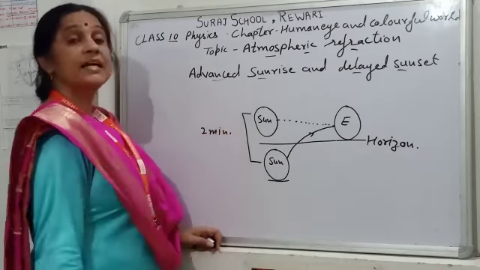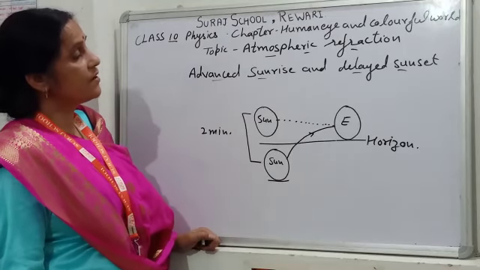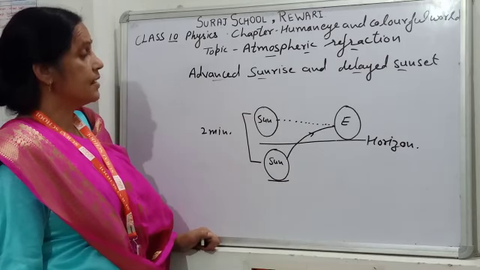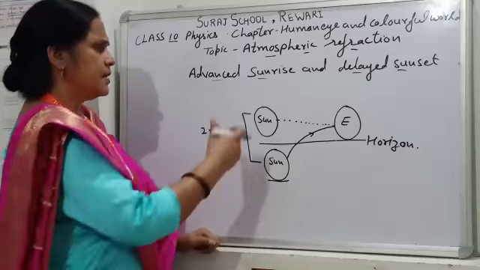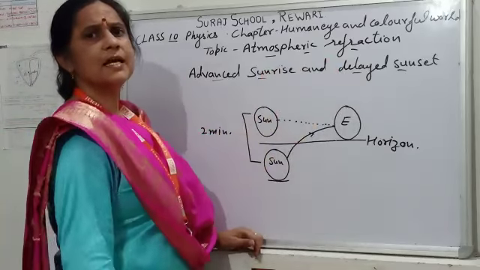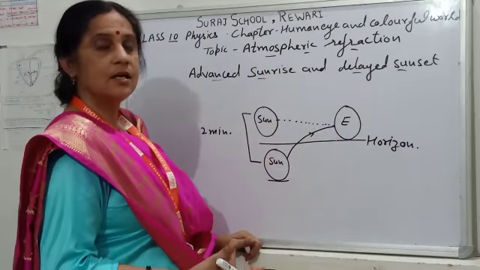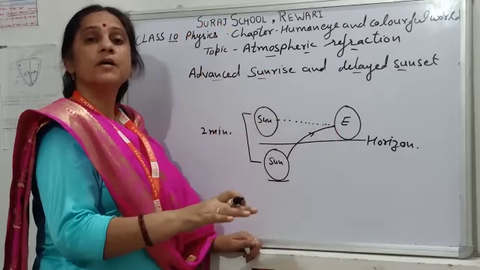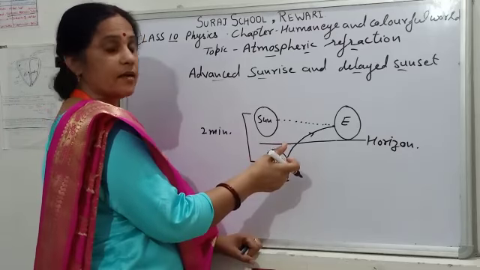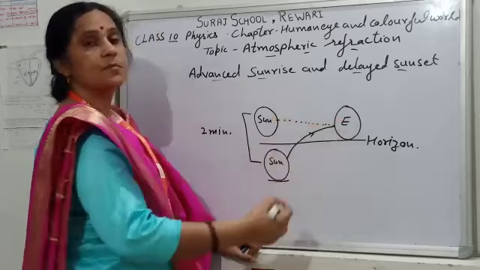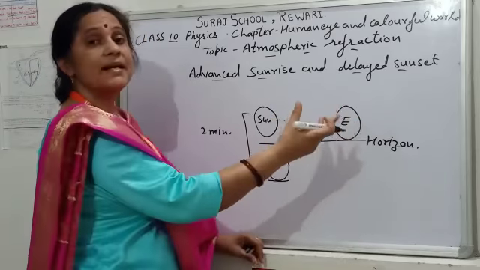The time gap between the original position of the sun and the virtual image of the sun is 2 minutes. That means by the atmospheric refraction, we can see the image of the sun 2 minutes before. This happens at the time of sunset too. After the sunset, the sun goes below the horizon. In this way, when sun rays enter the atmosphere, they bend and the earth gets bent light.